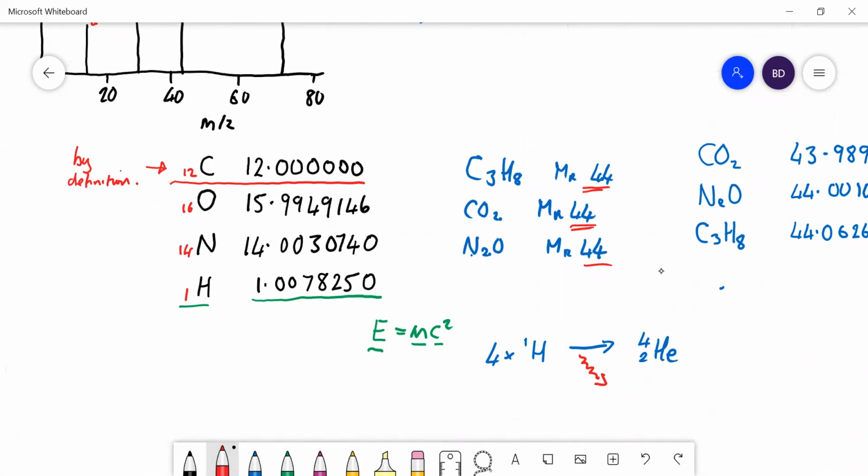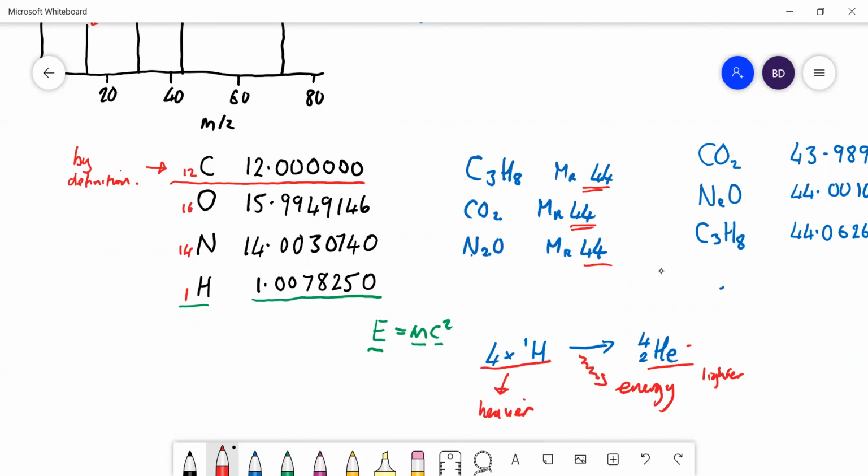It's called nuclear fusion. The reason for that is that the mass of the 4 hydrogens is heavier than the mass when it becomes helium, and that excess mass is turned into energy. Anyway, so much for the physics side of it.